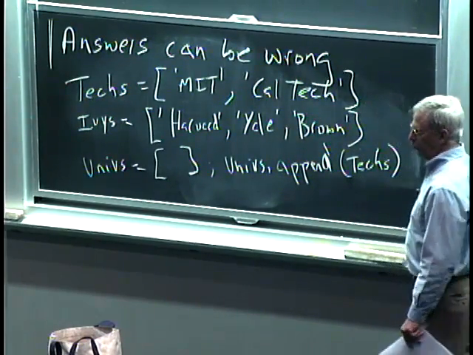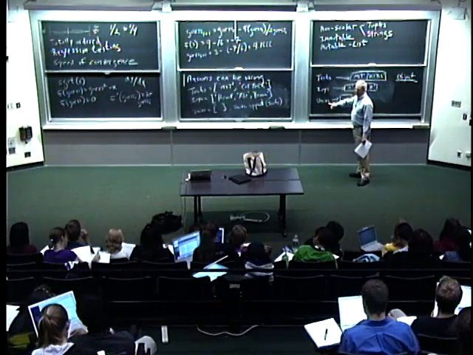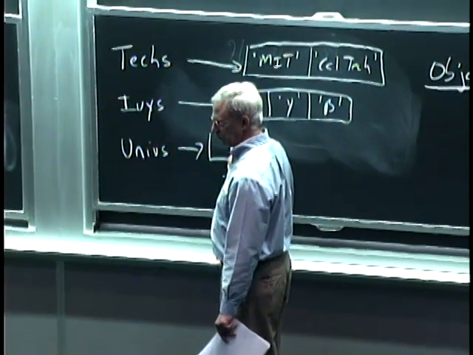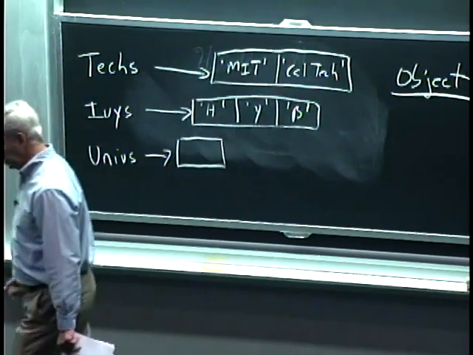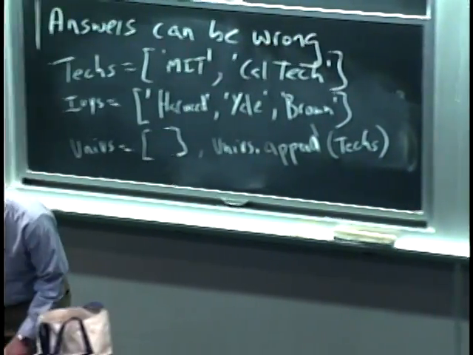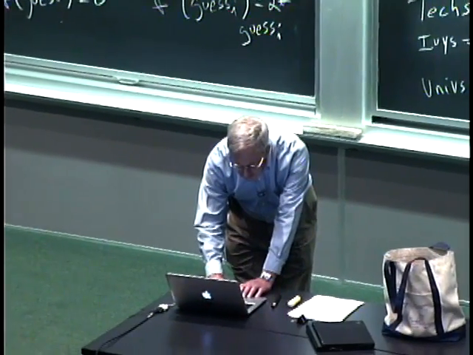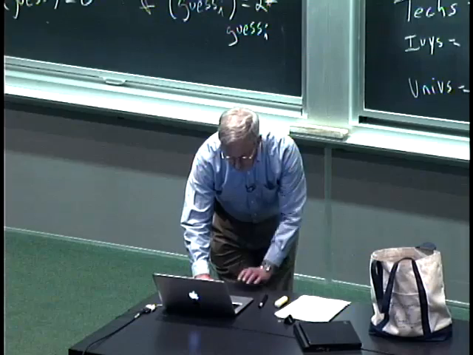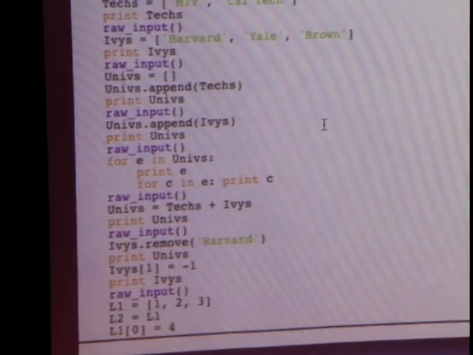What is this going to do? It's going to take this list and add to it something else. Let's look at the code. And I'm going to print it, and let's see what it prints.